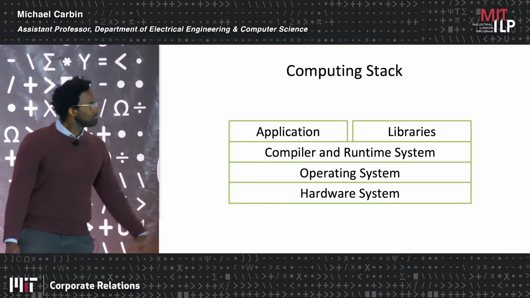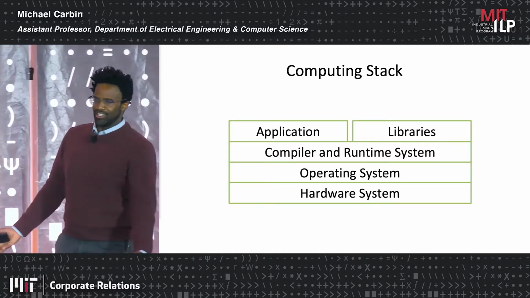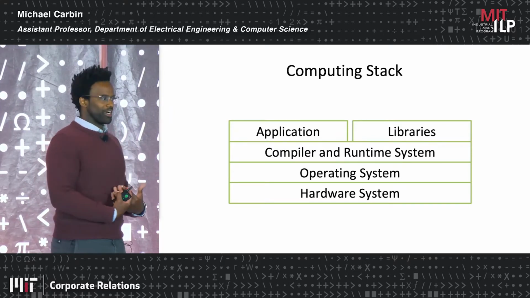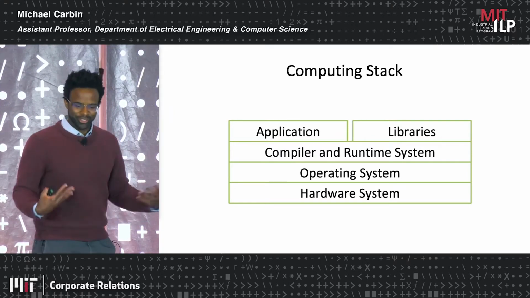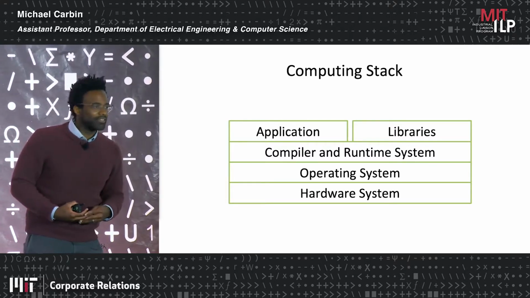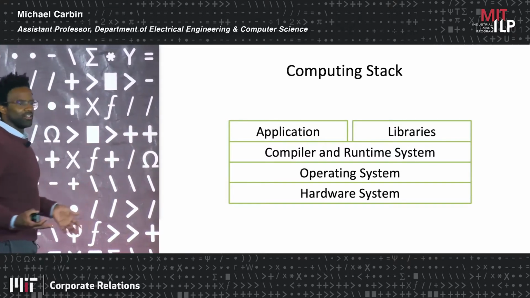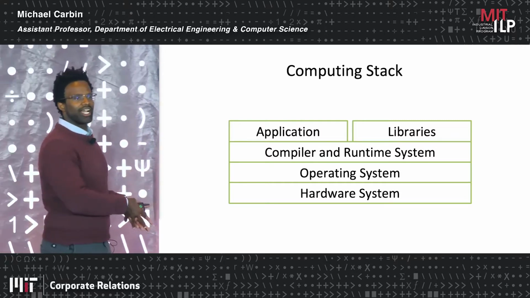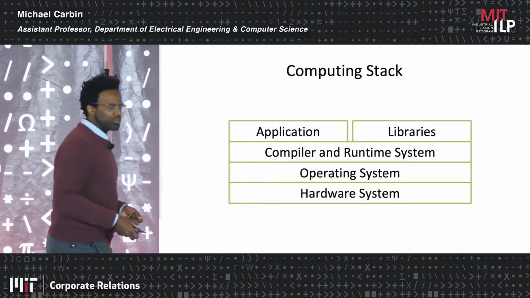And so we were going top to bottom, and we started with applications, and the students all said, no, I don't trust my applications. I write programs, I write applications, they have bugs in them, so I know this isn't going to work. Same thing with libraries. A layer down, we have the compiler and the runtime system, key elements of your software stack that are translating that high-level language down to this low-level machine.